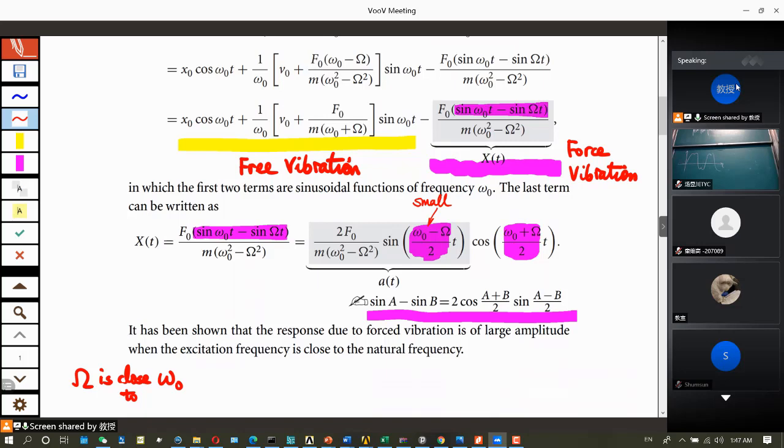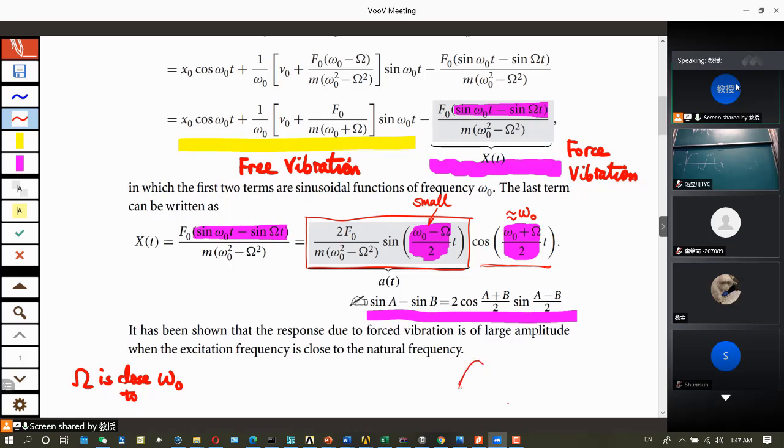And this is close to omega 0. Okay, so that's fine. So when the frequency is small, we can consider the whole thing as the amplitude for this cosine function. Okay, so this is a cosine omega 0 t.